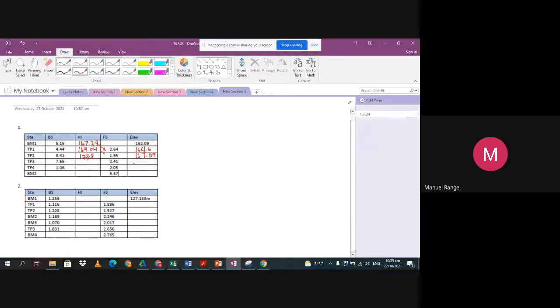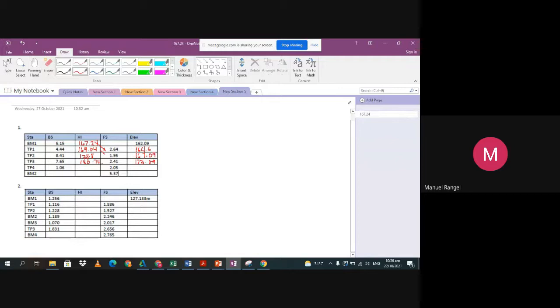Then the elevation at TP3 minus 2.41, 173.09. Then the HI at TP3 plus 7.65, 180.74.